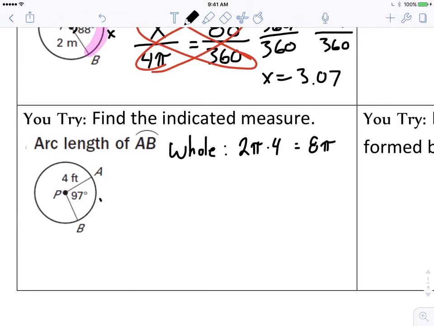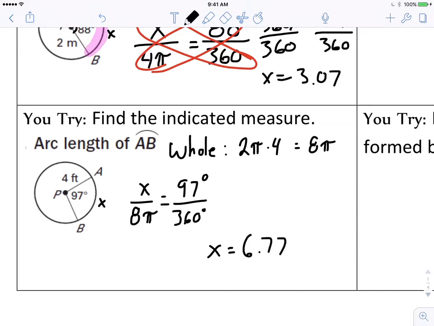So we're trying to find this length, which is x over the whole thing, 8 pi, equal to the angle measures now, 97 degrees over the whole thing, which is 360 degrees. Cross multiply again. And you should have 6.77 feet.